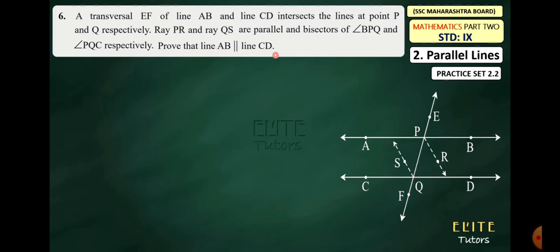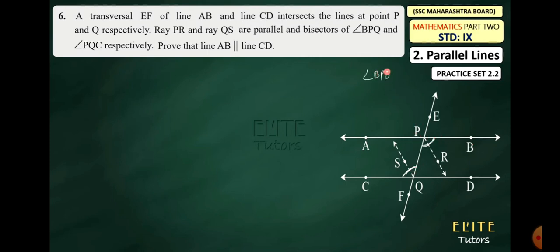In the question, EF is a transversal and intersects these two lines at point P and point Q. And we have two parallel rays given in the question, PR and QS, parallel to each other. If we can prove this angle equals this angle, this is forming a Z shape, and Z shape angles are alternate angles, and alternate angles are equal to each other.